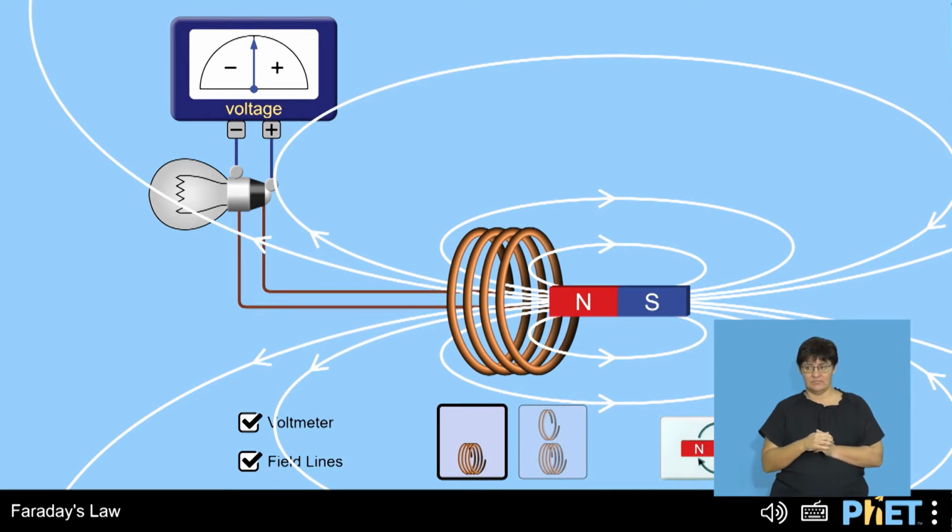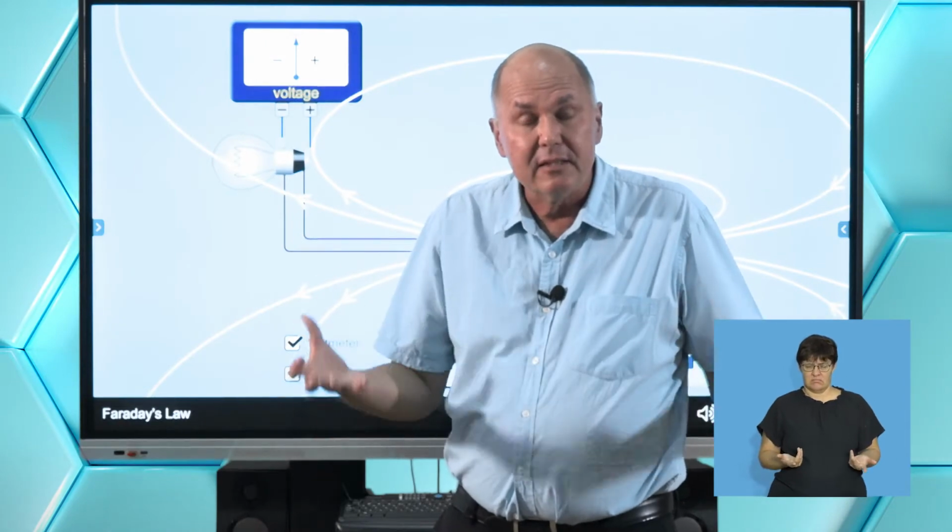But what do you notice, as I've changed those positions? The reading on the voltmeter and the light bulb aren't glowing. It doesn't look like there's much happening here. So yes, the flux has changed, but there doesn't seem to be an impact.